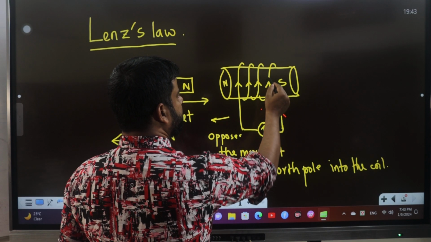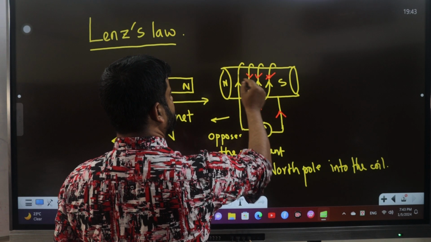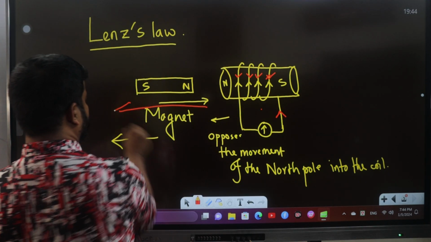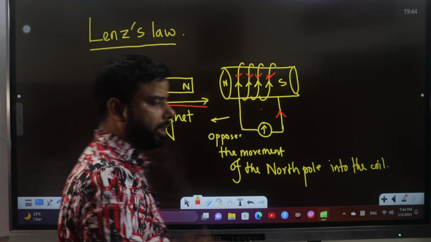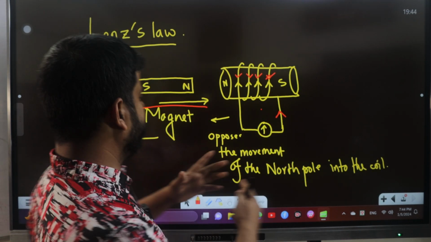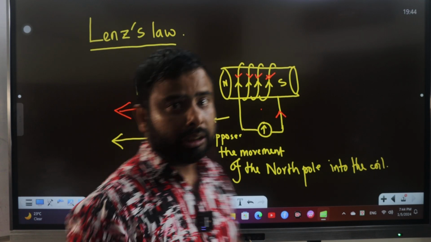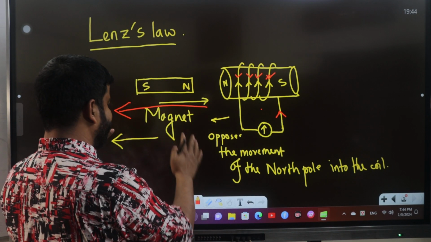So the direction of the current will be changed. When it tries to move away, the direction of the current will change in such a way that it opposes the moving away. That's why there is a minus sign.